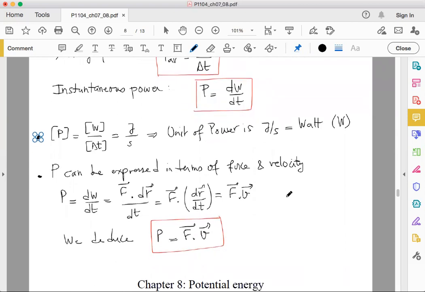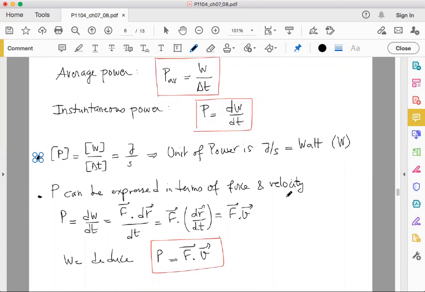Number two, the power P can be expressed in terms of the force and the velocity. How does it come? Let's have a look at this expression. The instantaneous power we have seen is given by dW by dt, the derivative of W with respect to time. Now, how much is this dW?